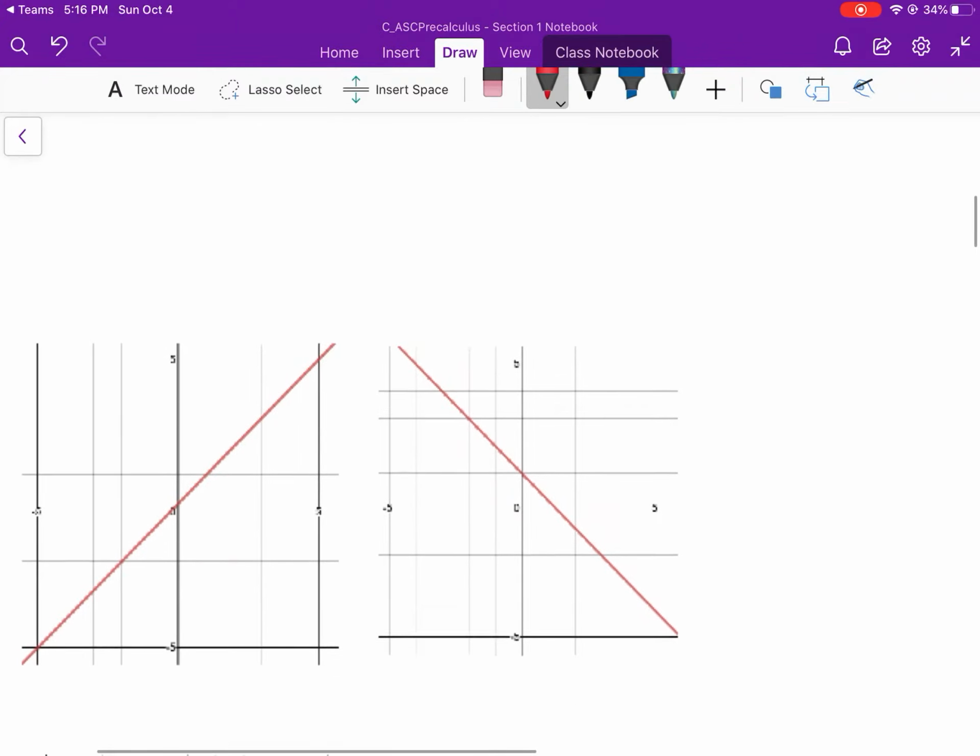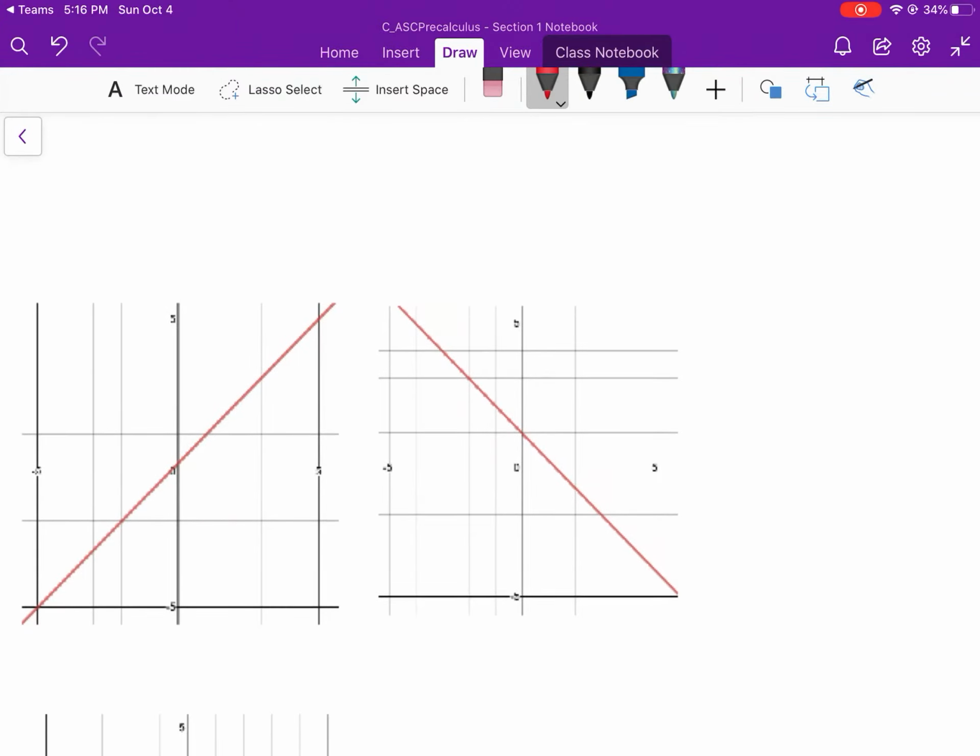So when I look at this first graph that I've made, I realize that some of the lines are gone, but it doesn't make any difference. Notice that this graph is constantly increasing. It's increasing over the whole graph, and assuming it's a line going on forever, it's increasing from negative infinity to positive infinity. All the x values, everything is going up to the right.